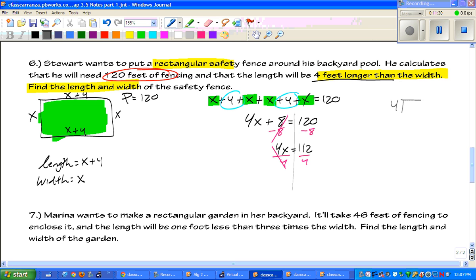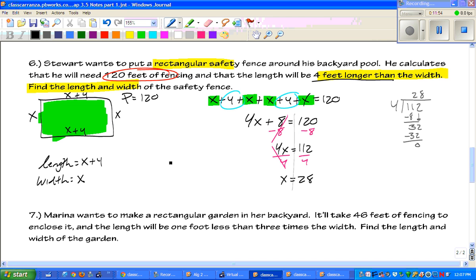And if you don't know that with your multiplication chart, we have to divide that out. 4 goes into 11 2 times. Bring down the 2. 4 goes into 32 8 times. So x equals 28.